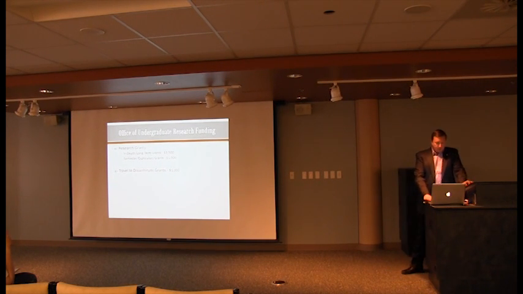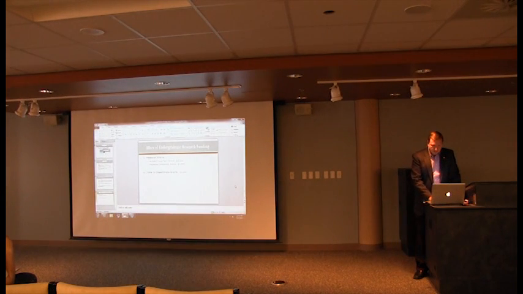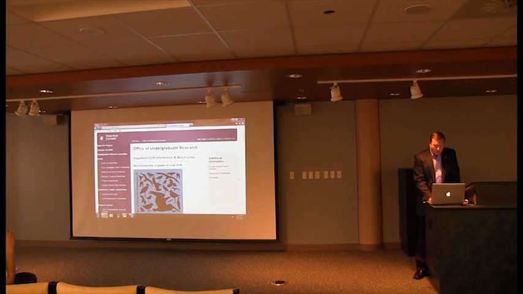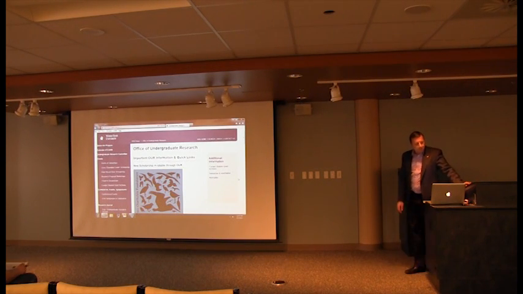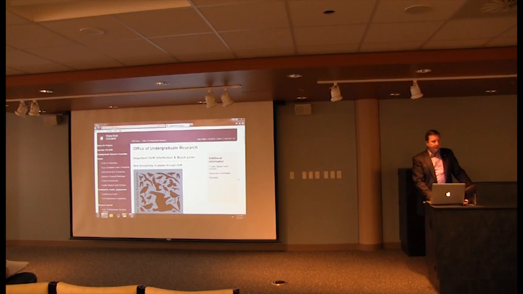Let's take a look at these resources. All of the information for these grants is located on the Office of Undergraduate Research webpage, and the URL is weber.edu/OUR. When you open it up, you'll notice on the left we have our link for grants.